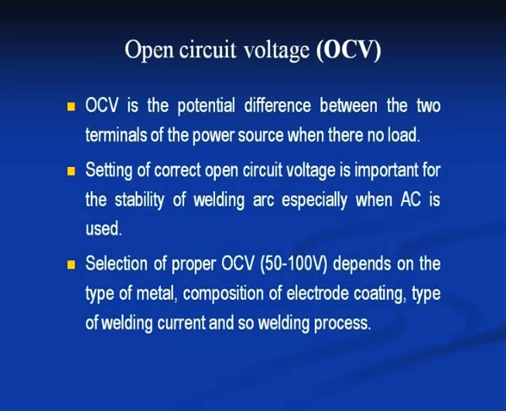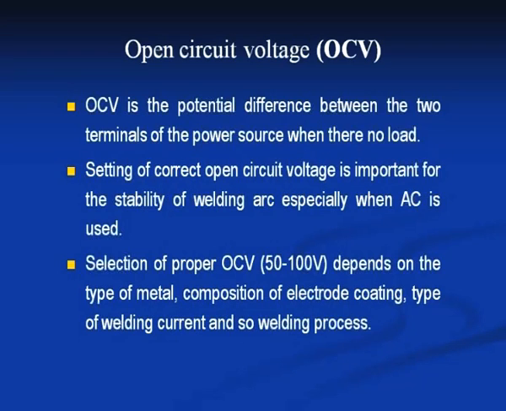The open circuit voltage, as I have said, indicates the potential difference between the terminals of the power source when there is no load, and the setting of the correct open circuit voltage is very important for stability of the arc.